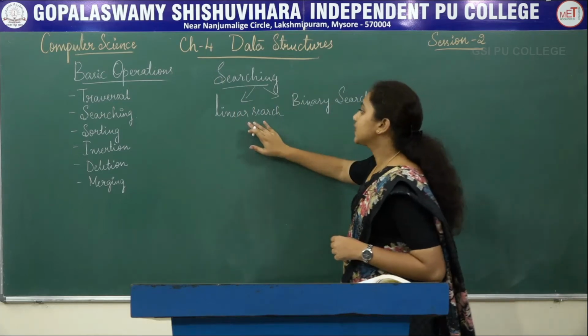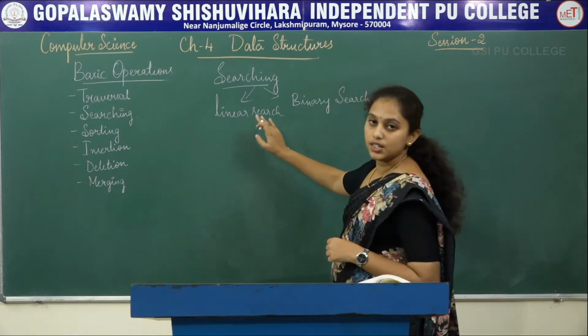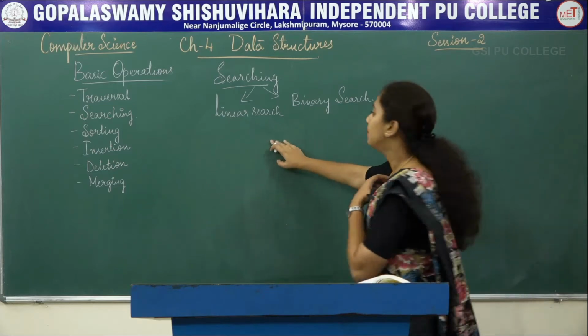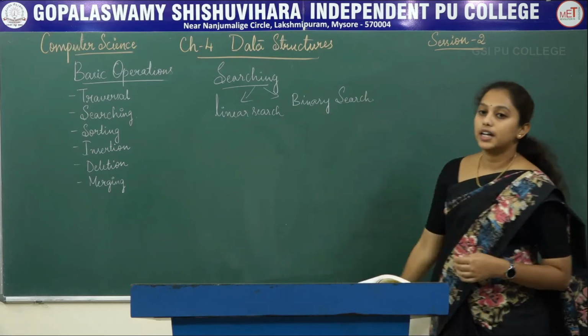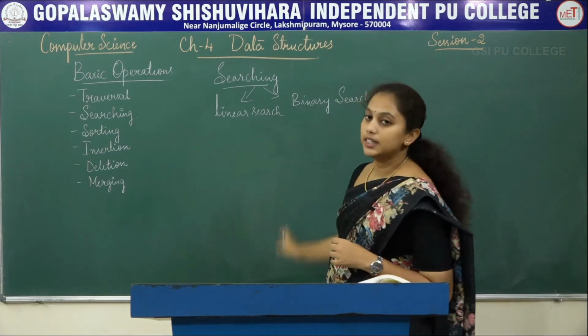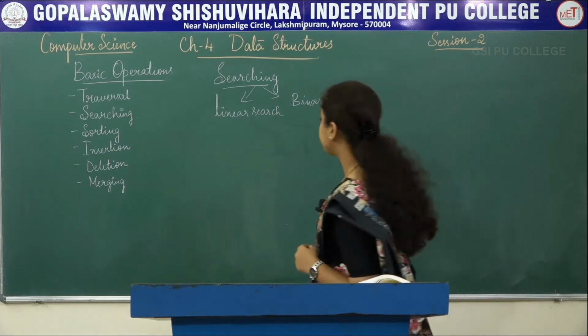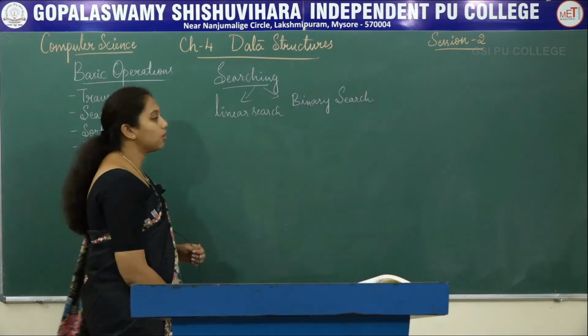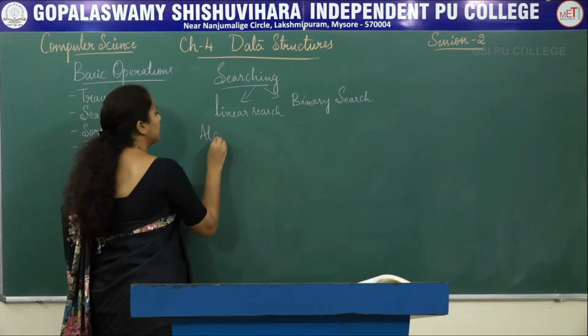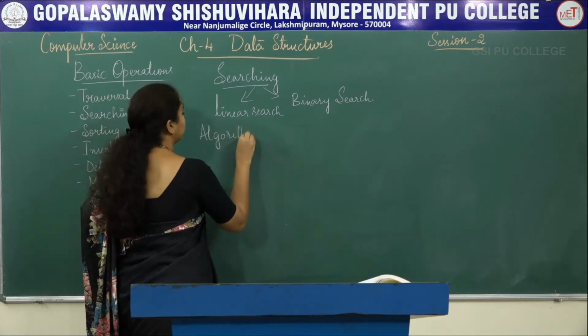Now, let us see what is linear search. So, linear search is where the elements are arranged in a sequential manner. How to perform the linear search? To perform the linear search, there is an algorithm.